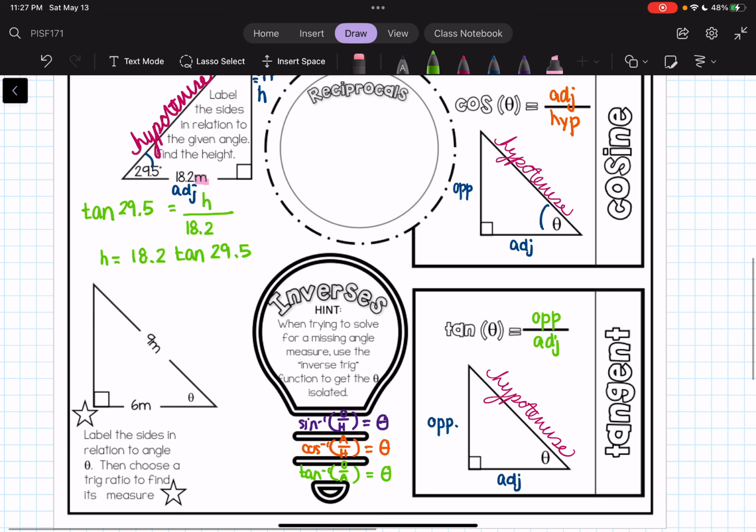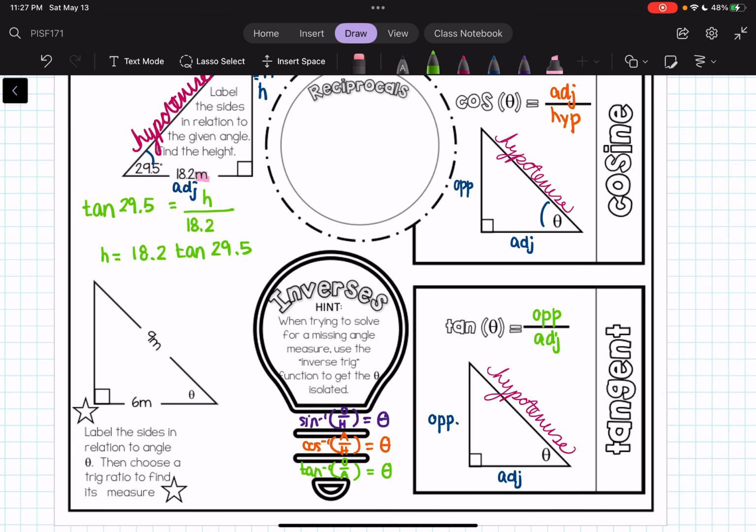So here with our missing angle, we are given the hypotenuse. This is the opposite to my angle. This is the adjacent to my angle. I don't know my angle though, but I know the adjacent and I know the hypotenuse.